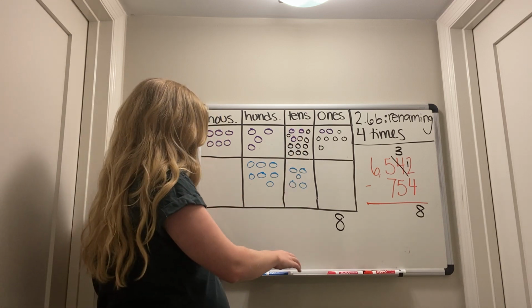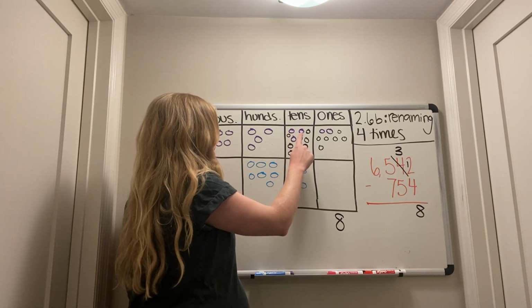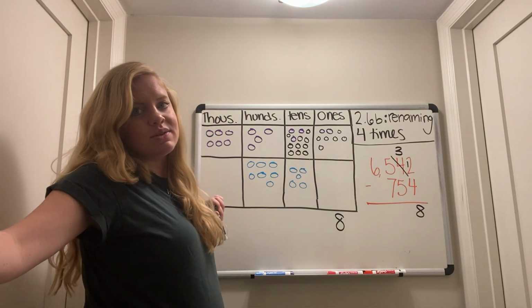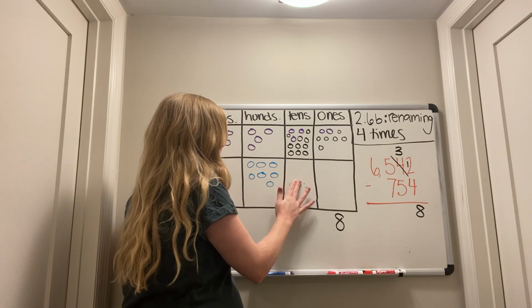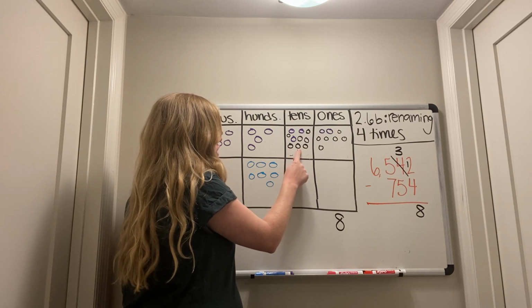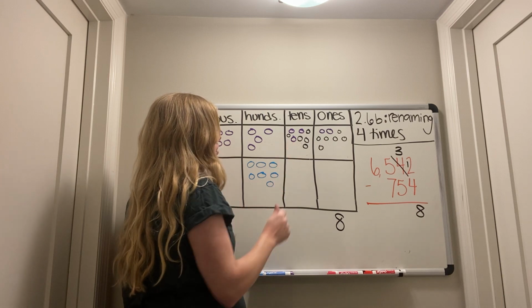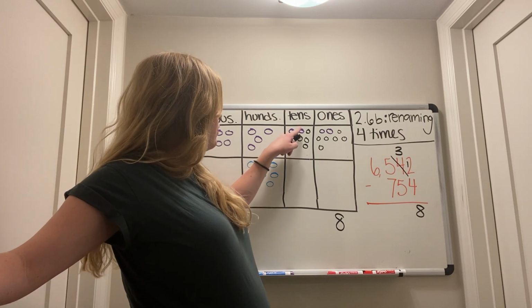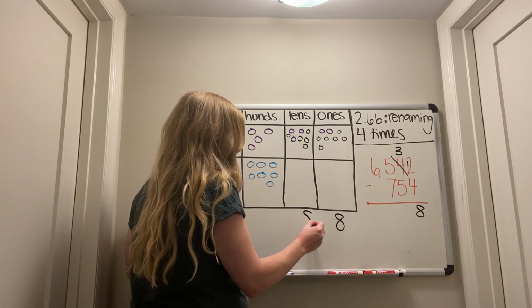Okay, now how many do we have here now? 13 tens minus 5 tens. I'm going to get rid of these. And then we have to subtract 5. 1, 2, 3, 4, and 5. So now we have 8 tens.